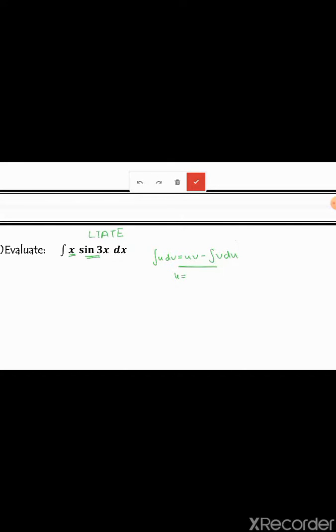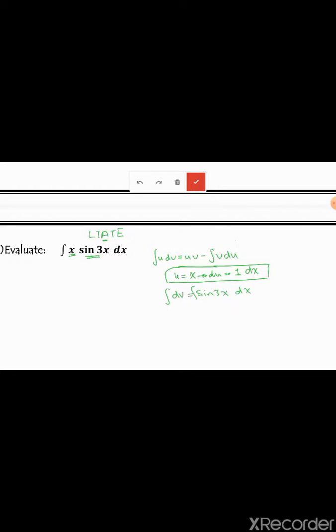So here we're gonna choose first the a, which is x, the algebraic function, and its du will be equal 1 dx. This is the first part to find u. The dv equal, it's a sine 3x dx, right?